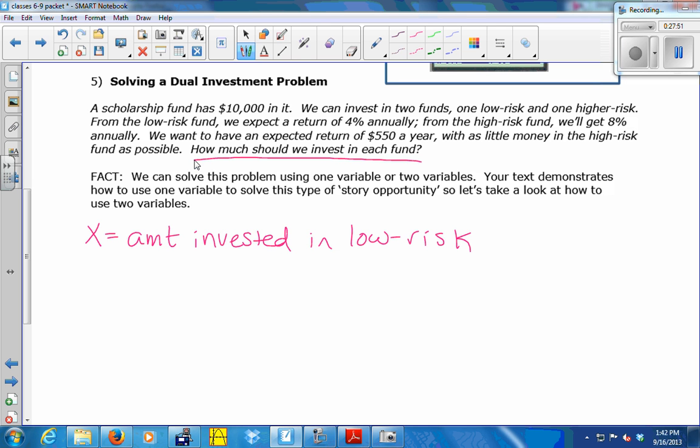And we'll let another variable Y be the amount invested in the high risk fund. Okay, so we've defined 2 variables because they asked us a question about 2 different things, right? How much should we invest in each of these 2 funds?